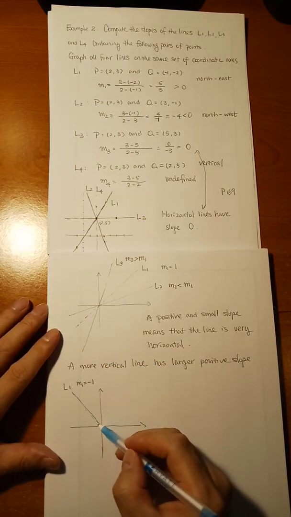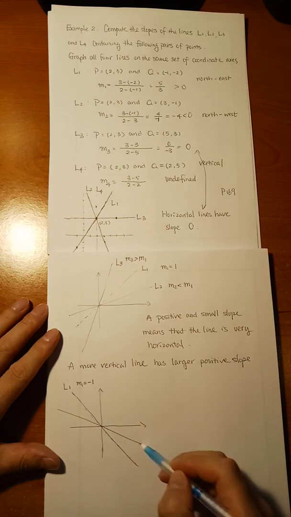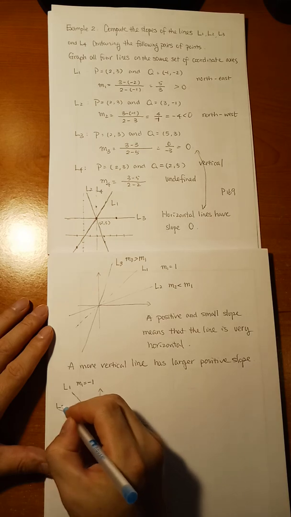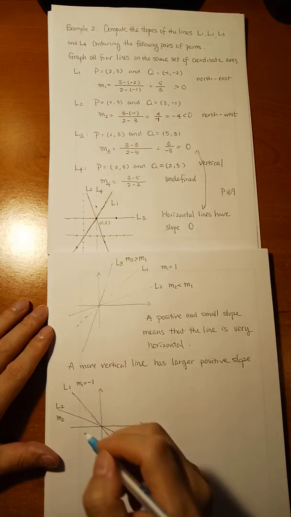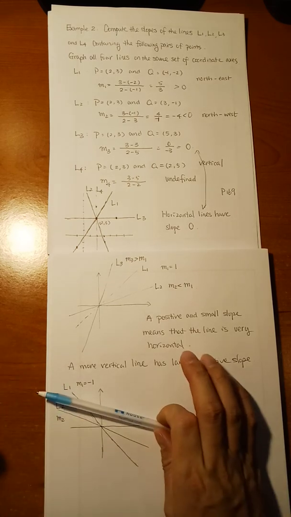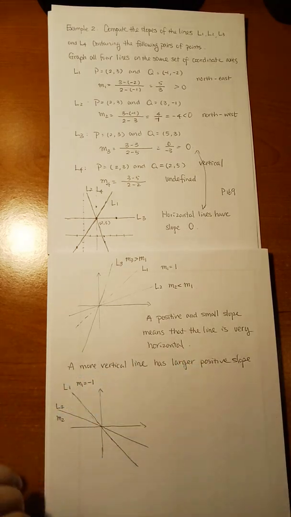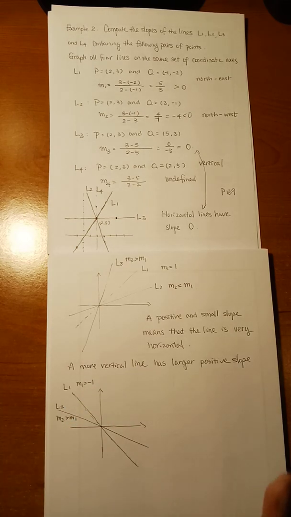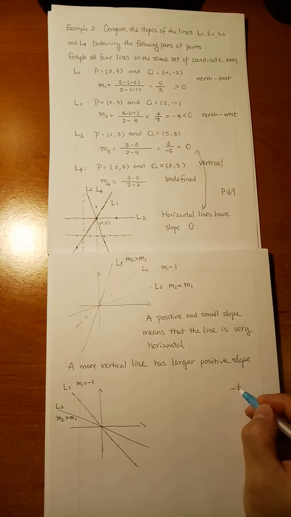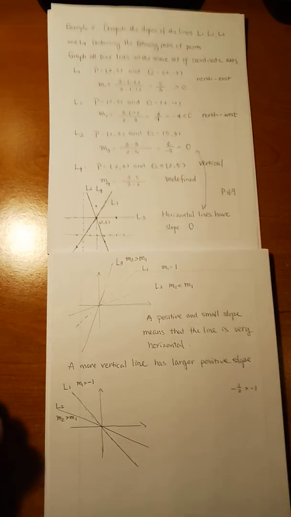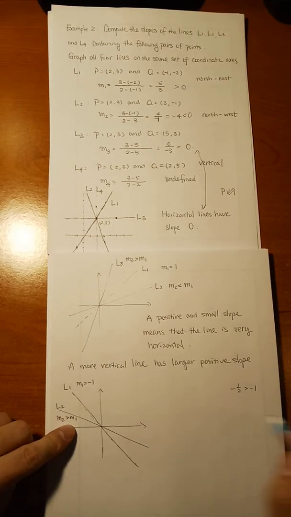And then if you have a more flat line, because of this direction, the slope is negative, and the slope will be close to 0. It's more horizontal, so it's closer to 0. M2 is actually greater than M1. It's for negative numbers. Remember, -1/2 is greater than -1. It will be very close to 0, but in the negative direction. So M2 is greater than M1.